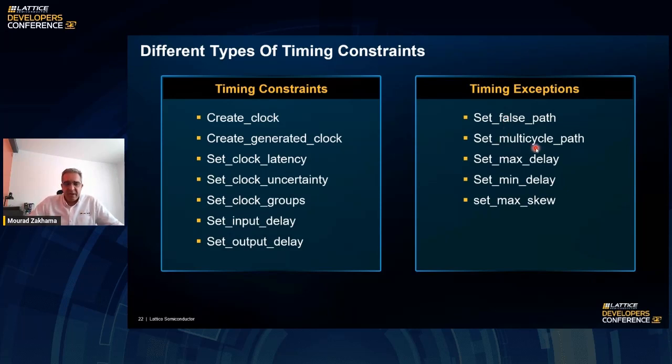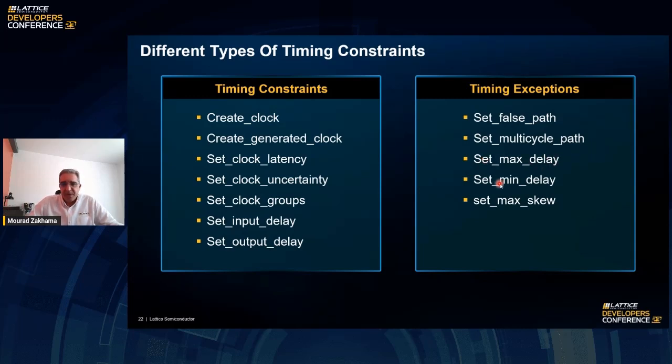Multi-cycle path: if you have a data enable, for instance, that is only enabled once every 3 clock cycles, then you may indicate that to the tool. So the timing analysis will be relaxed for that specific path and focus on other, more critical paths.